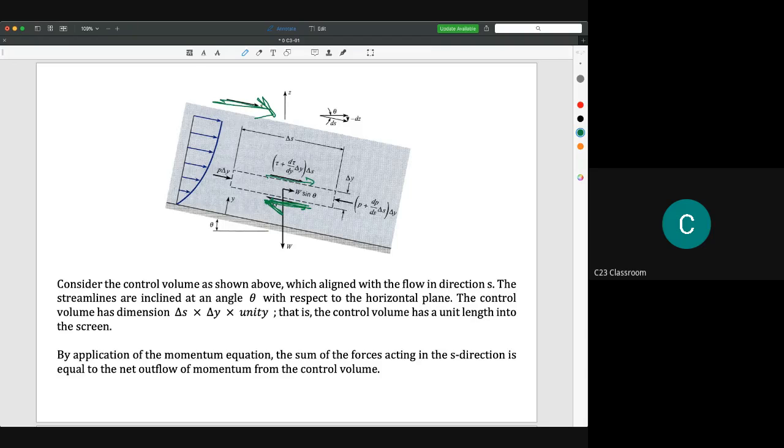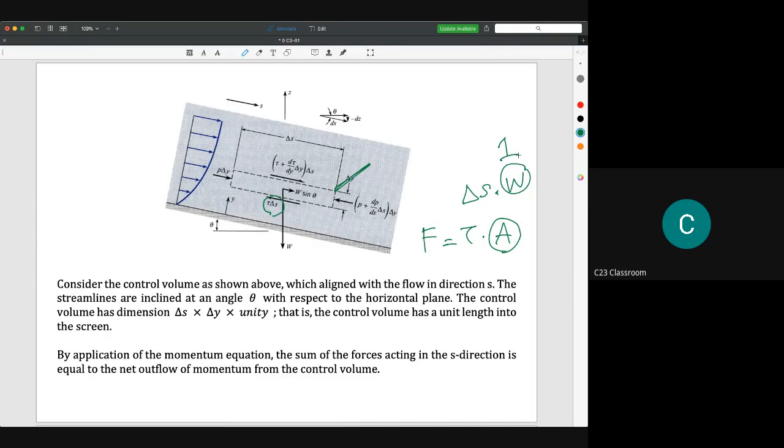So we write tau times delta S. Force is equal to tau times A, and A here is actually delta S times width, and the width for this one is equal to 1.